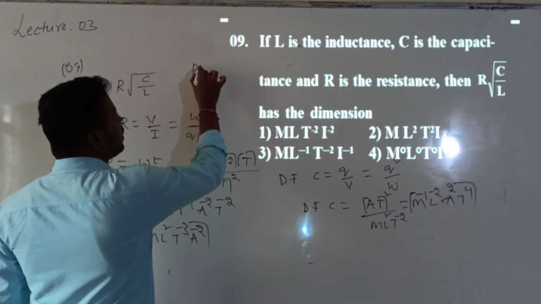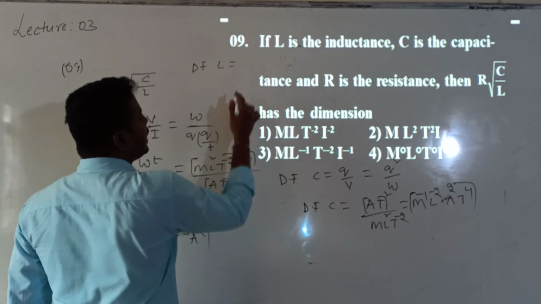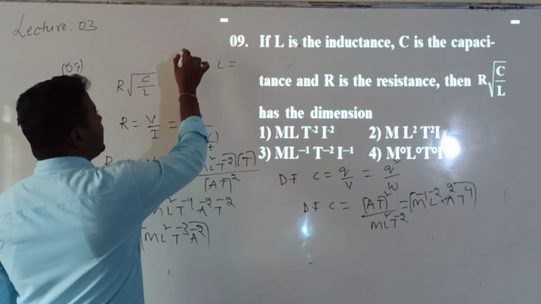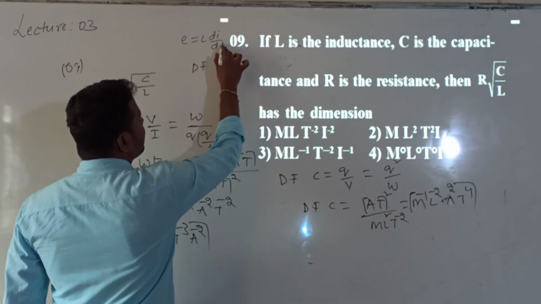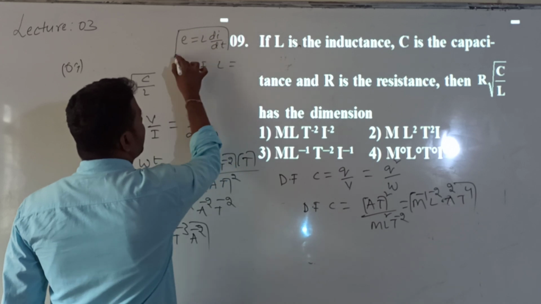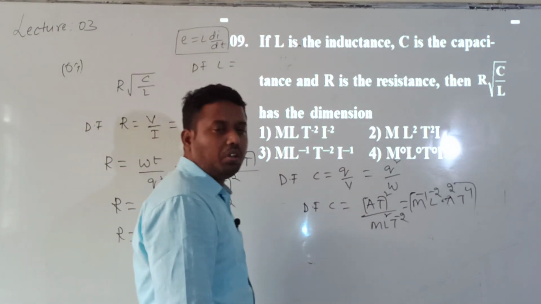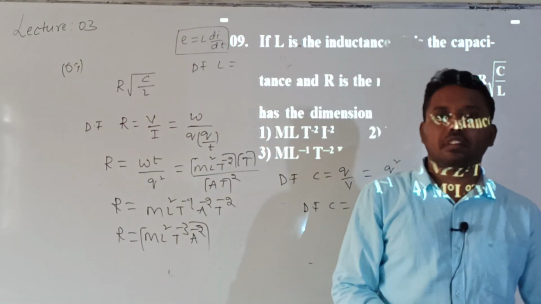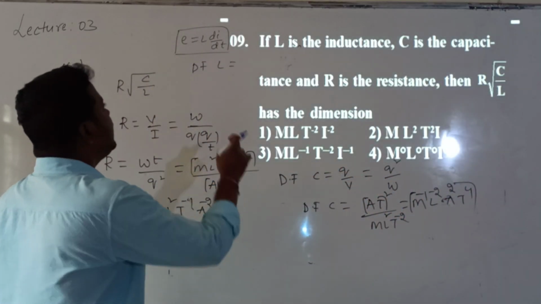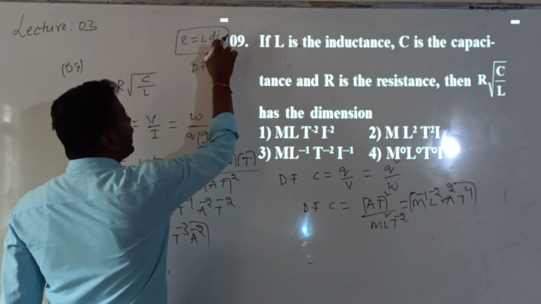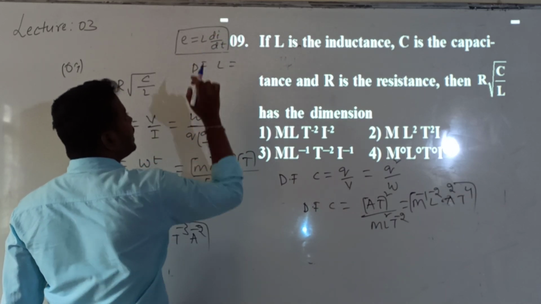Similarly, what is the dimensional formula of L? L is nothing but inductance. What is inductance? E is equal to L into di by dt. Till now you don't know this formula; you will come to know it in the EMI chapter, electromagnetic induction. So EMF is equal to L into di by dt, where di by dt is the rate of change of current.